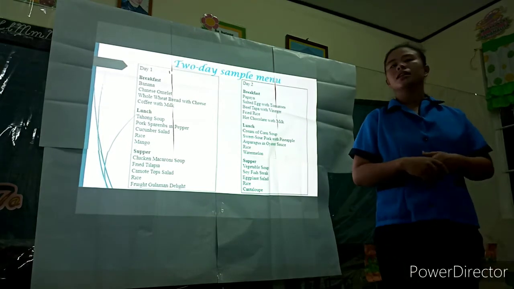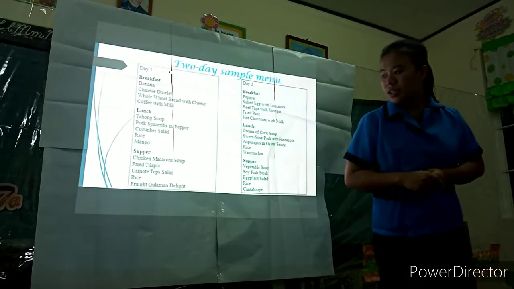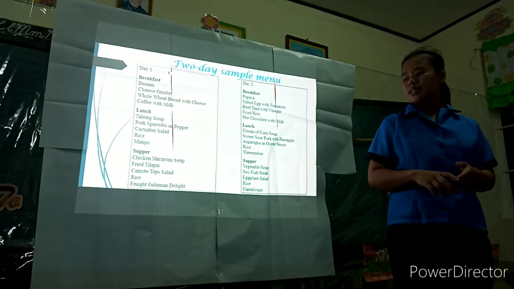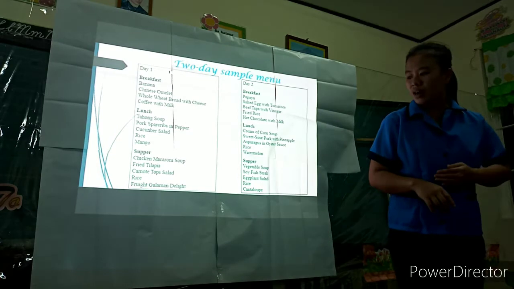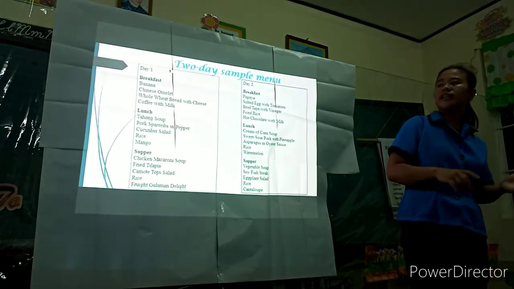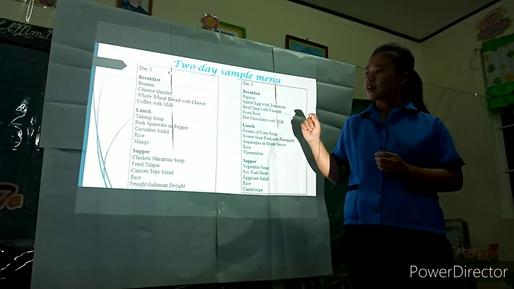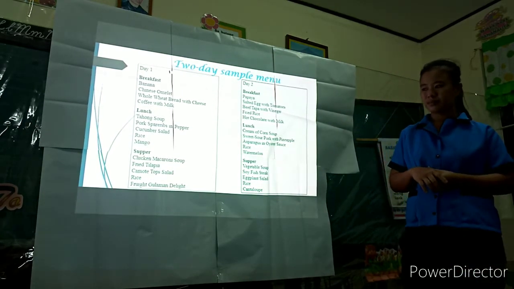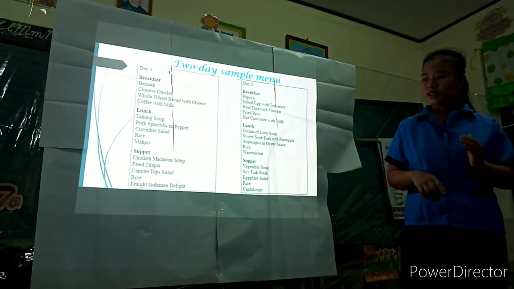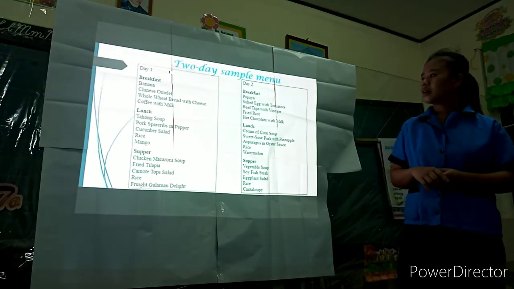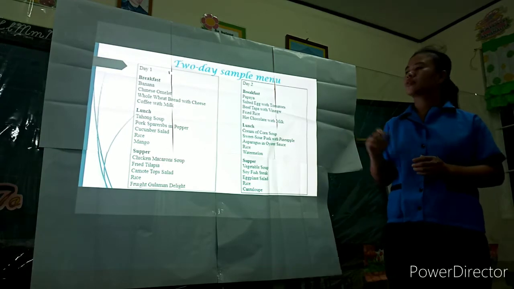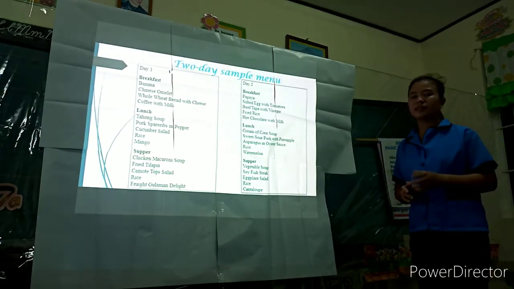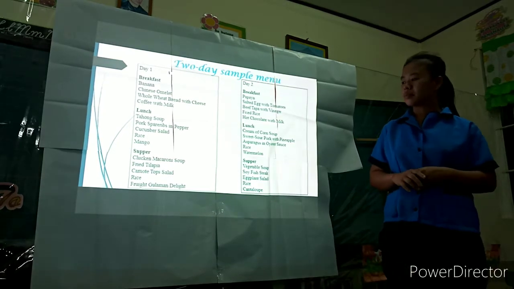Space again, supper: chicken macaroni soup, fried tilapia, kamote top salad, rice, fruit gulaman delight. As you can see, the words breakfast, lunch, and supper are in bold type. Day 1 and Day 2 are the same, but with different items or recipes.